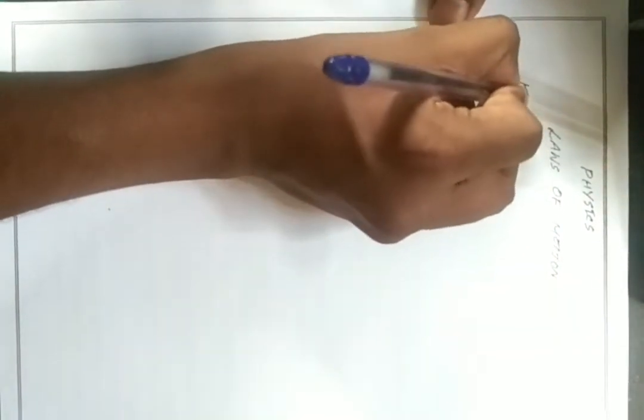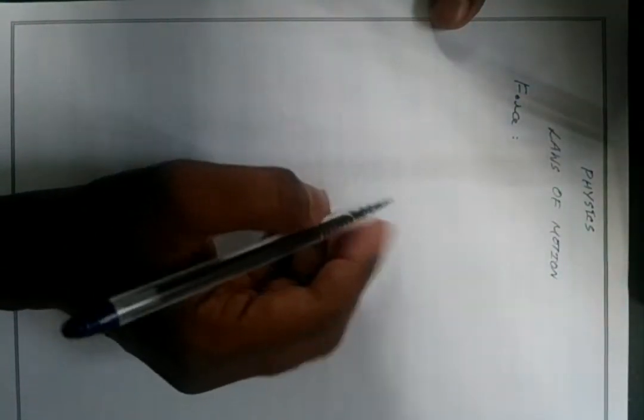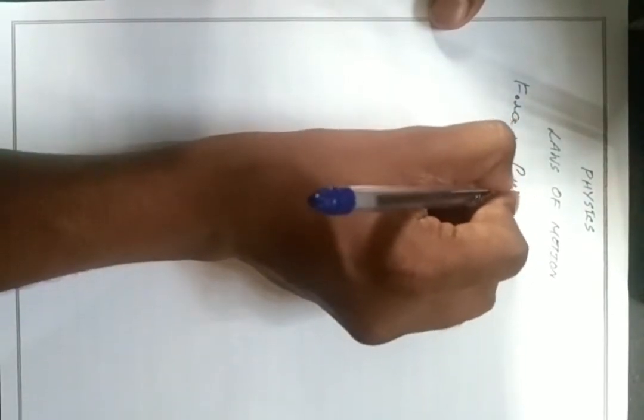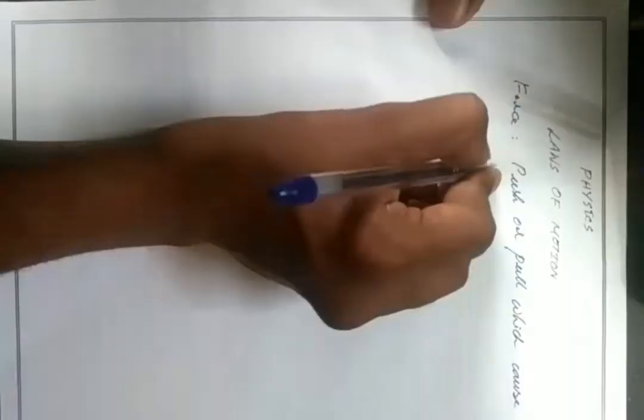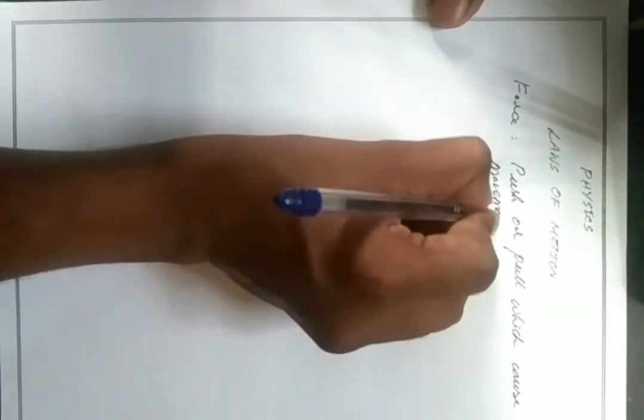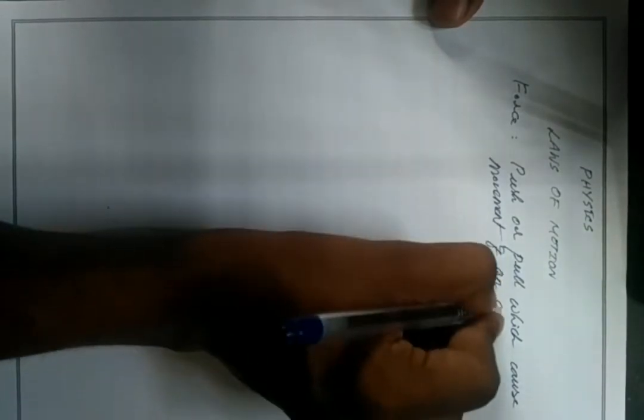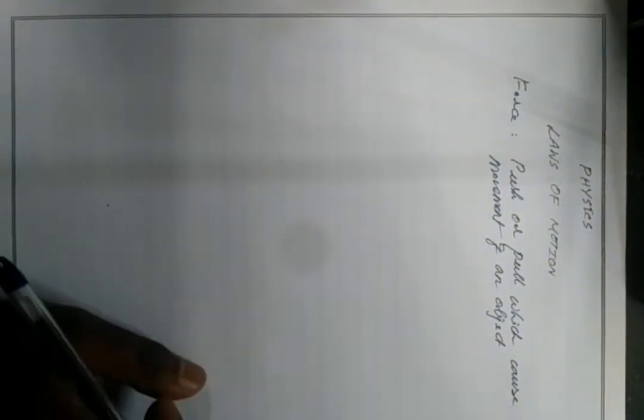So the first one is force. What is meant by force? We can say push or pull which causes movement of an object. Force is generally defined as push or pull which causes movement of an object.